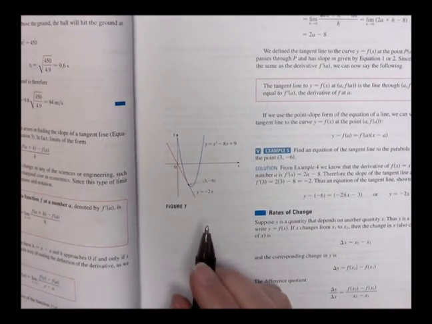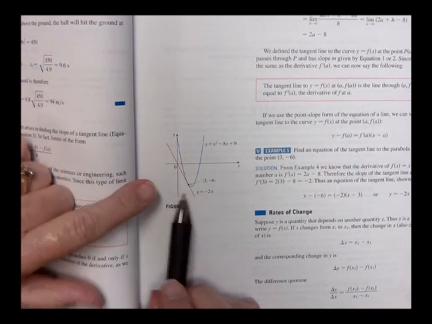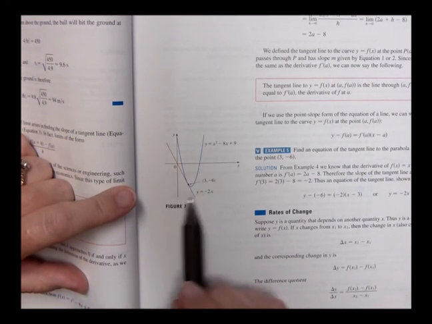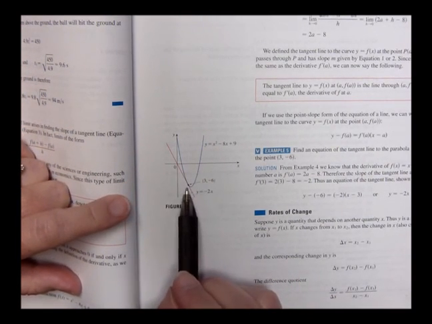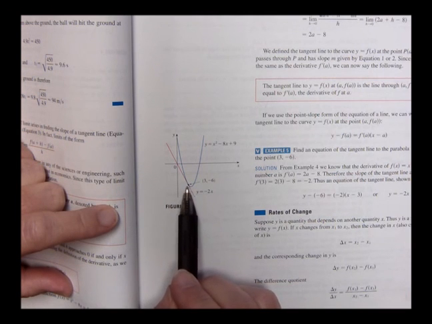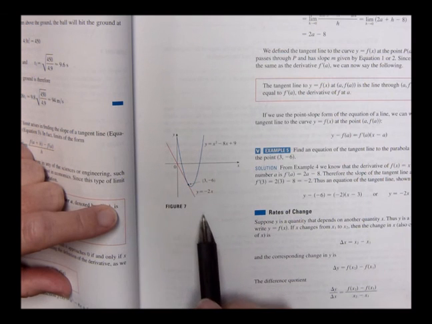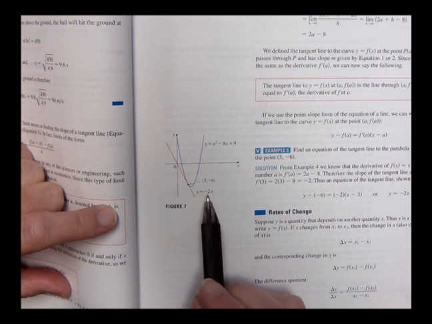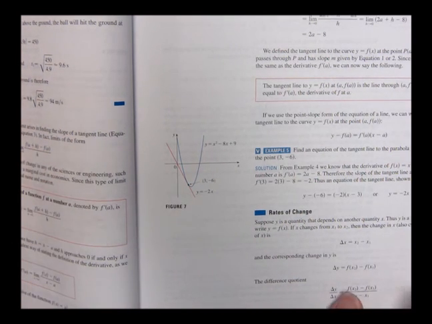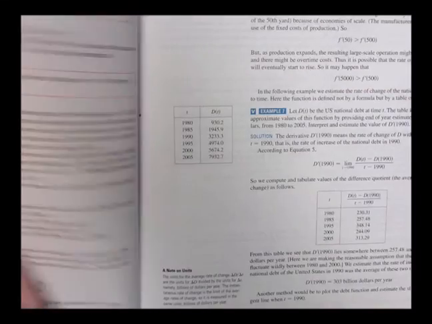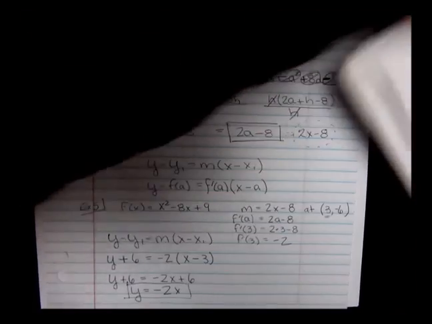So here it is. Here is my parabola that I worked on. There is my point (3, -6). Here is my tangent line, which has a slope of negative 2. All right, now we're really moving along. This is good stuff.